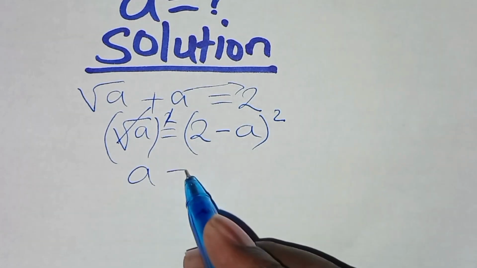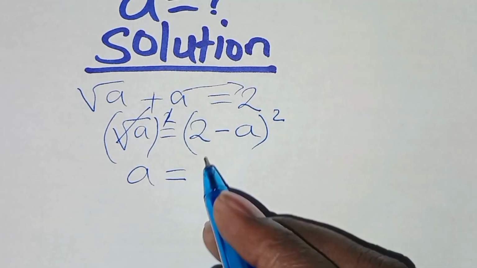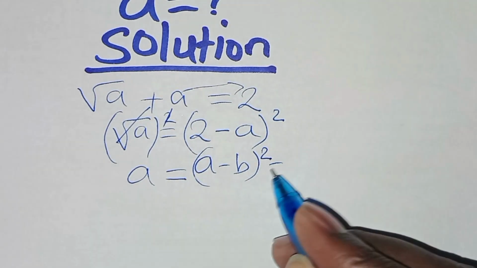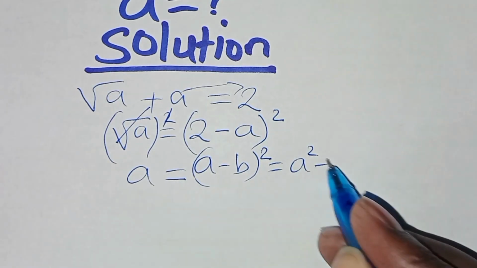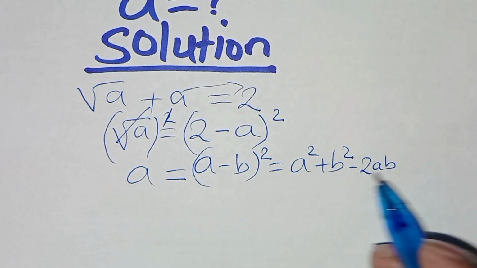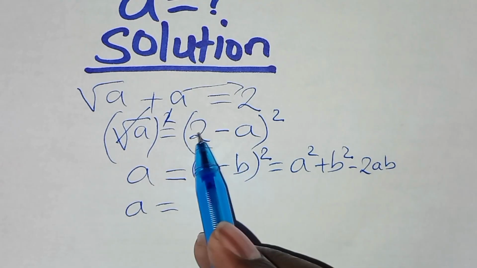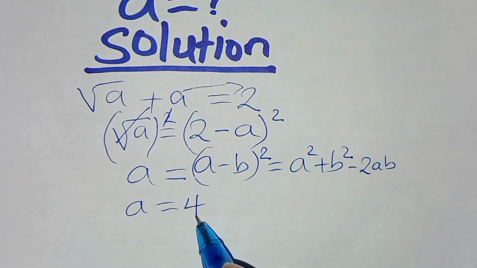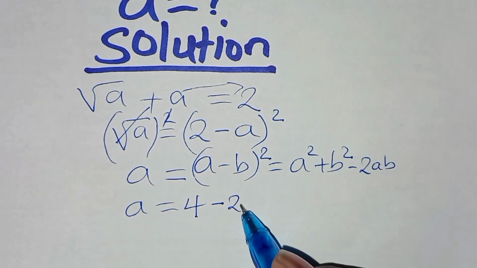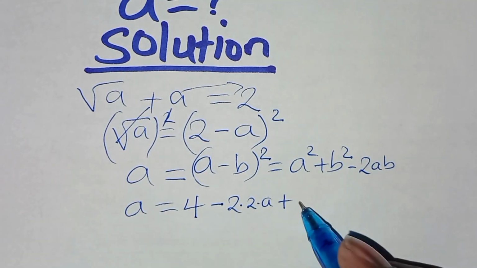We'll have a is equal to 2 minus a squared, and this is actually in the form of a minus b squared, which you can express as a squared plus b squared minus 2ab. Applying this algebraic identity, a is equal to 2 squared, which is 4, subtract 2 times 2 times a, which is 4a, plus a squared.